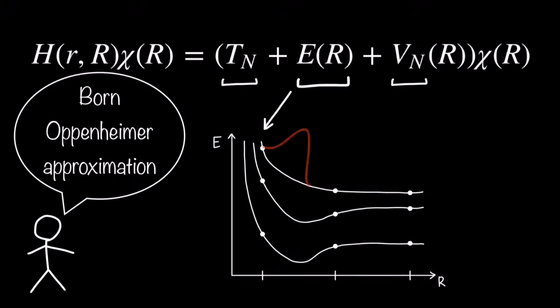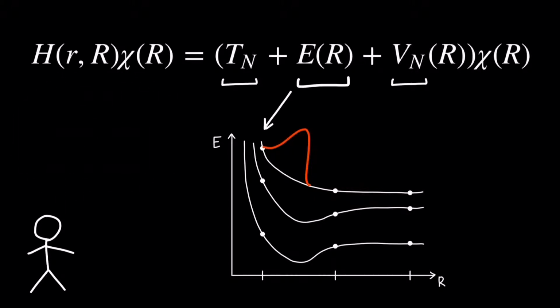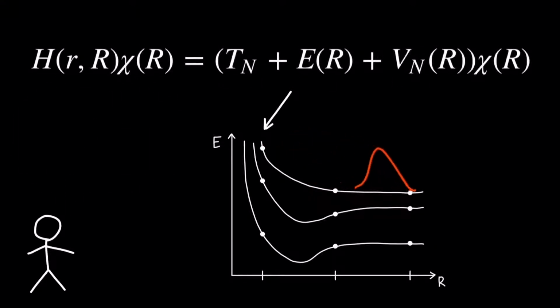In general, wave packets are going to move along these potential energy curves, depending on the shape of the line. The potential energy curve could be unbound, in which case the wave packets will slide out and the molecule will dissociate. Or they can be bound, in which case the wave packet may bounce around the well.